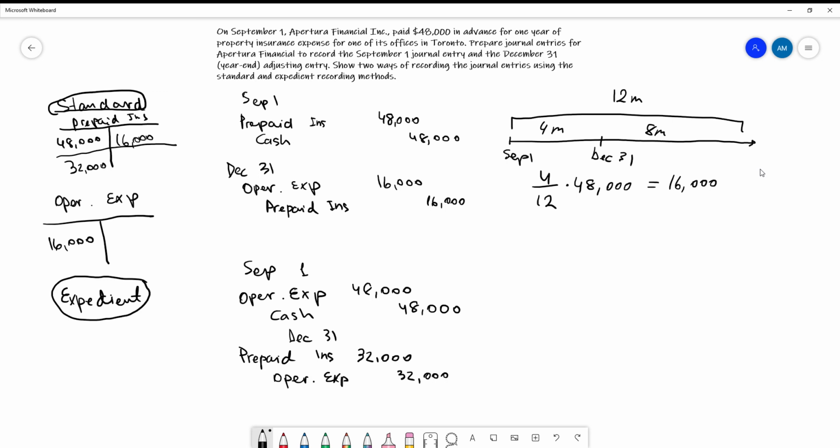So if we put it here in the form of a T account for the two accounts, it will be clear, I believe.